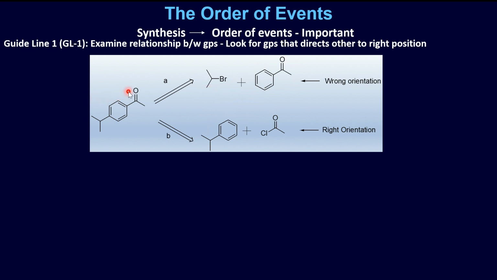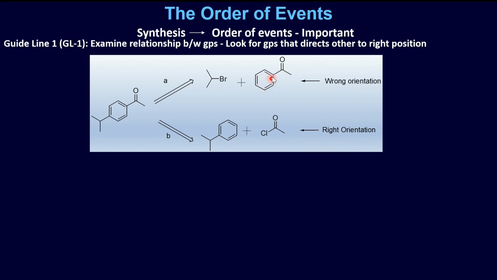Or I can split the molecule at the acetyl junction and I will get the corresponding acetyl chloride and isopropyl benzene, nothing but cumene. Which one is the right one? Here I have mentioned that the first one is the wrong orientation, the second one is the right orientation. Let us look at why it is so.